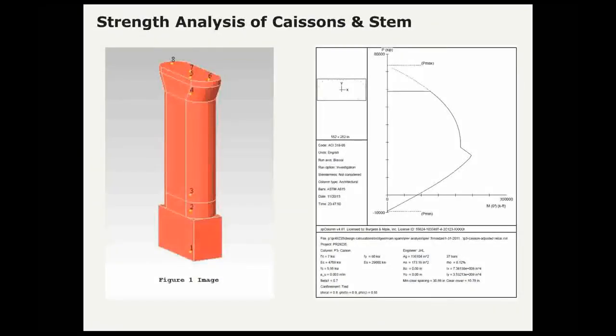So this is a shot of that strength analysis. Once we had the fixity point, we calculated the axial loads and the biaxial moments on the pier stem and in the caisson.